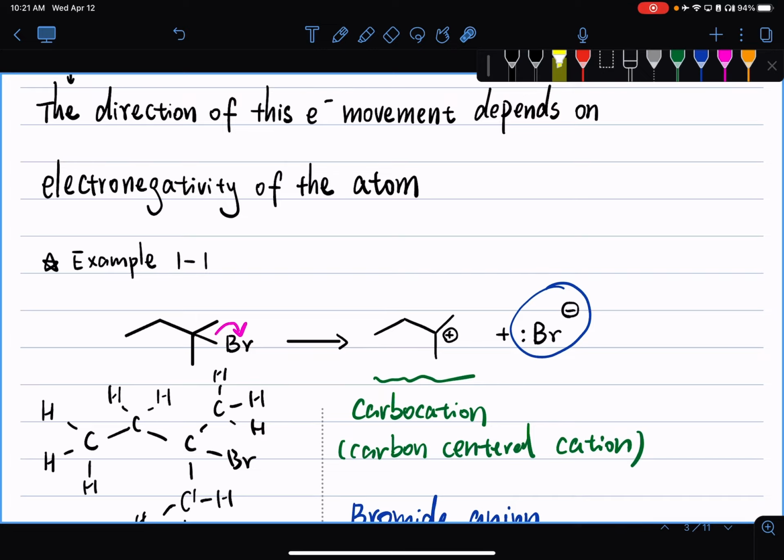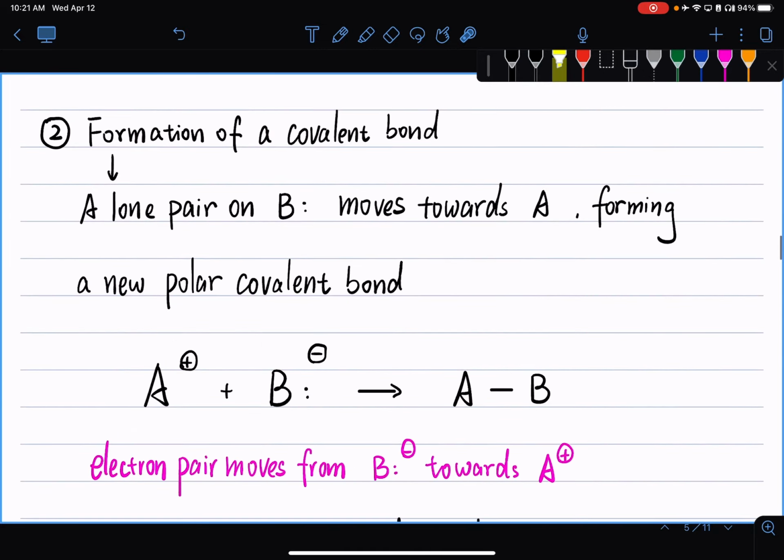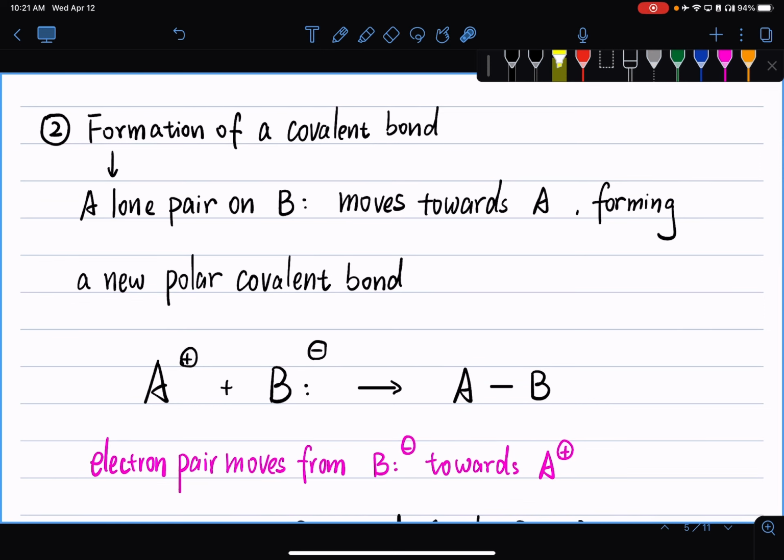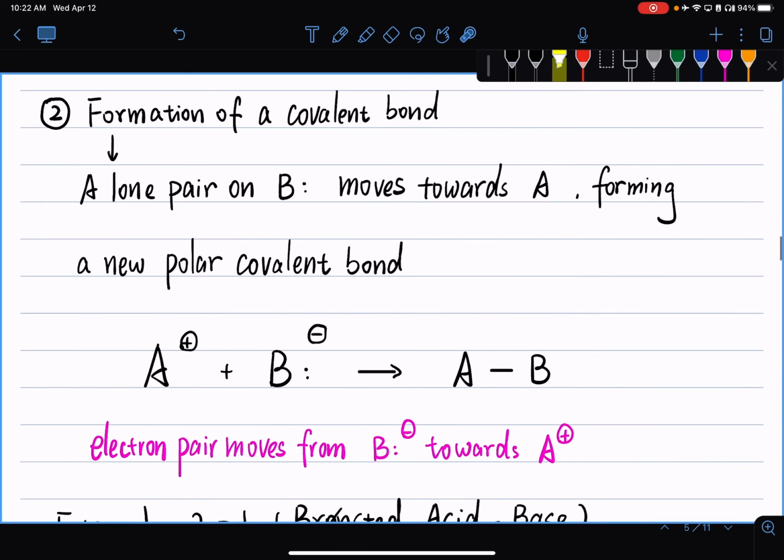All right, so that's a dissociation. Let's move on to look at the second case, which is, now that we know how to break chemical bonds, we can form new chemical bonds. So here, when we're forming new covalent bonds, what you can imagine is an electron pair on one of the atoms.